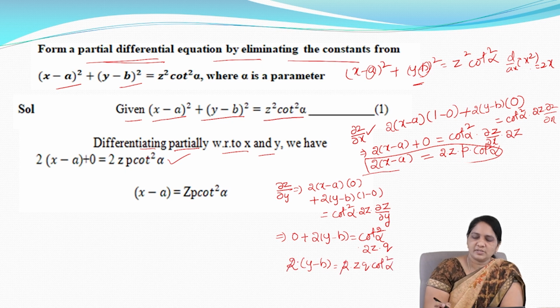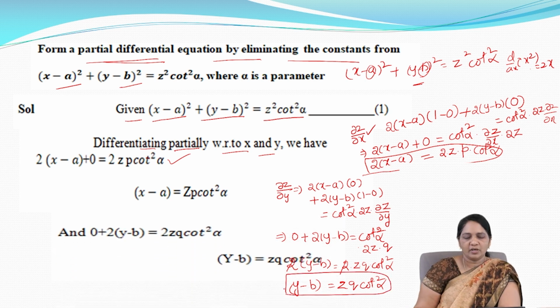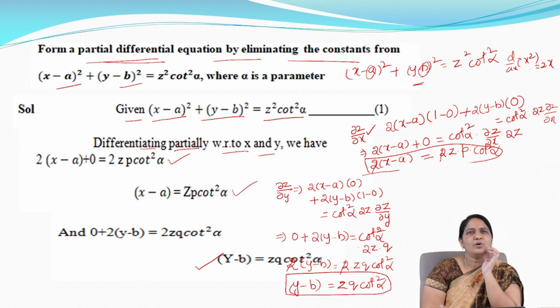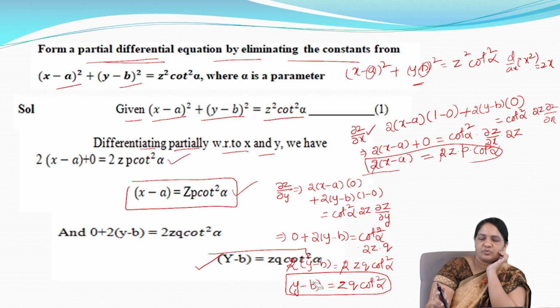Here 2 will be cancelled, so we get y minus b equal to zq cot square alpha. Similarly, for x, 2 cancels and x minus a equal to zp into cot square alpha. So these two equations we got after doing the partial differentiation with respect to x and with respect to y.